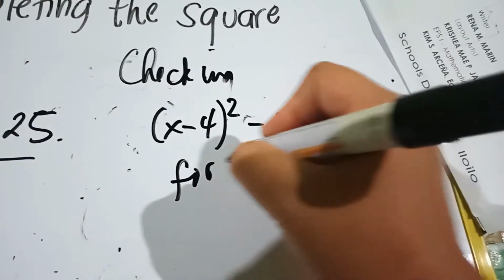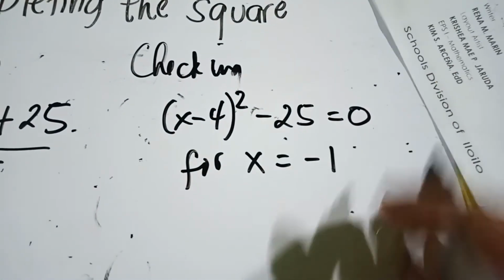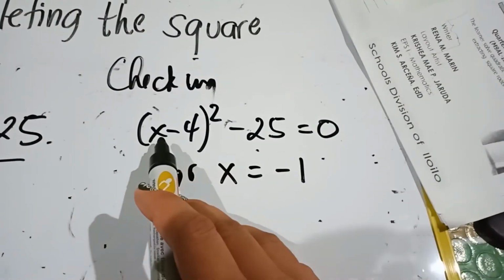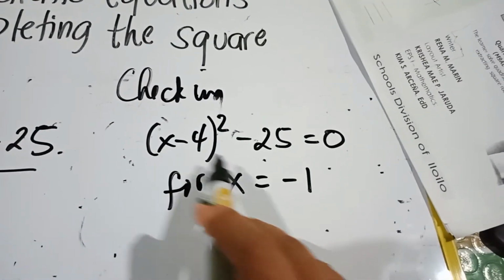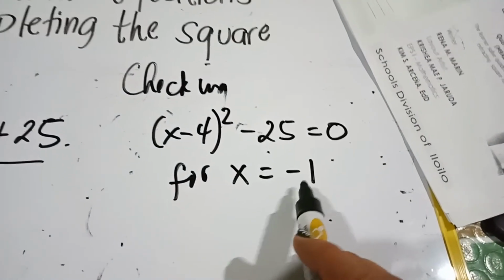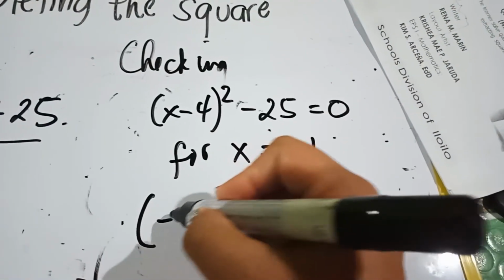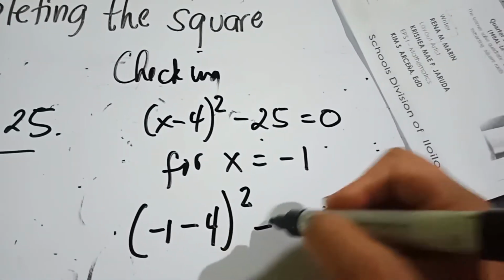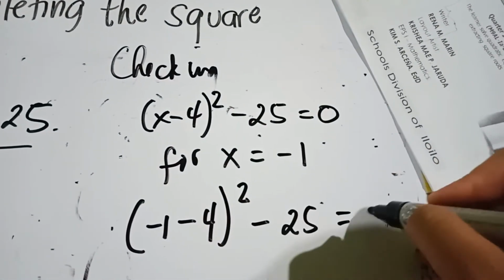Okay, x is equal to negative 1. Ilang x meron tayo dito? Isa lang. So, yung isang x na yan, papalitan natin ng negative 1. So, we have negative 1 minus 4 squared minus 25 is equal to 0.